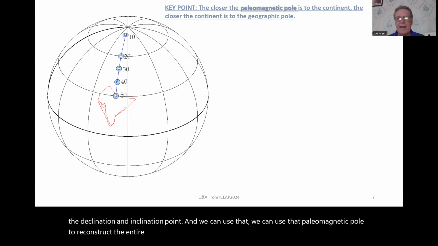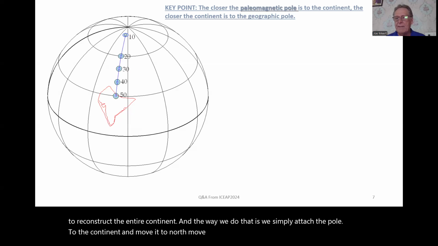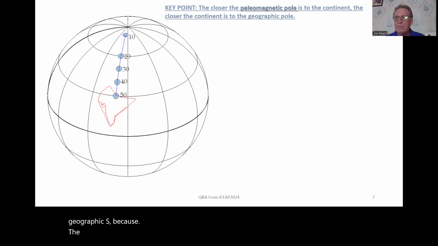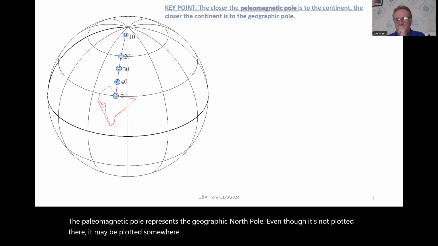And the way we do that is we simply attach the pole to the continent and move the paleomagnetic pole to geographic north or geographic south, because the paleomagnetic pole represents the geographic North Pole. Even though it's not plotted there, it may be plotted somewhere else.